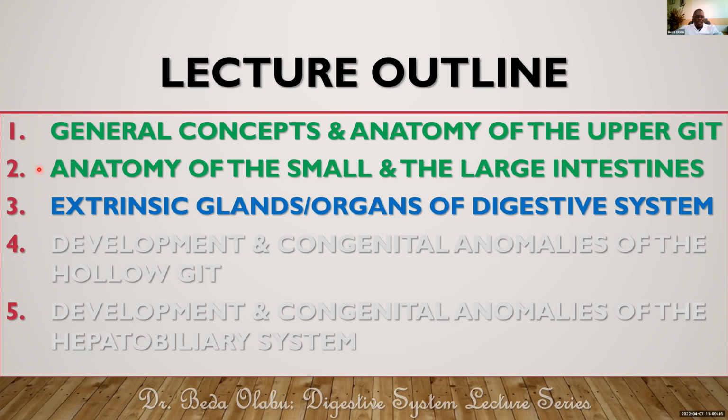Second part, we looked at anatomy of the small intestine and anatomy of the large intestine. And that's where we looked at the duodenum as well. So today, we are going to focus on extrinsic organs of the digestive system. The other two lectures remaining will be largely on embryology and malformations of the digestive system.